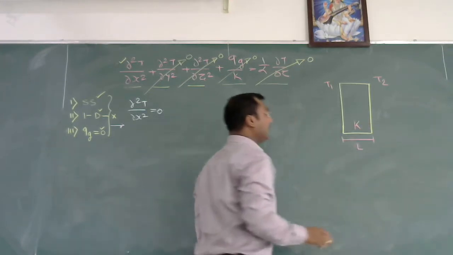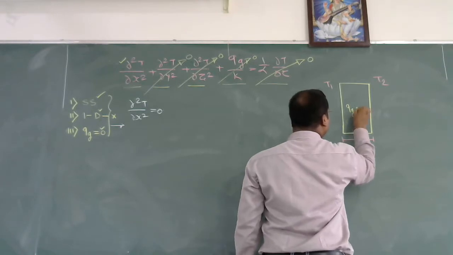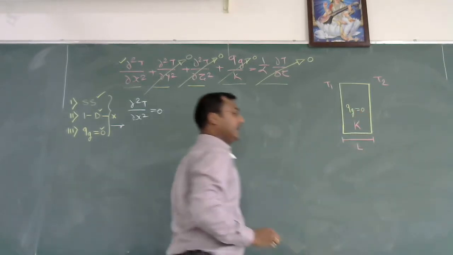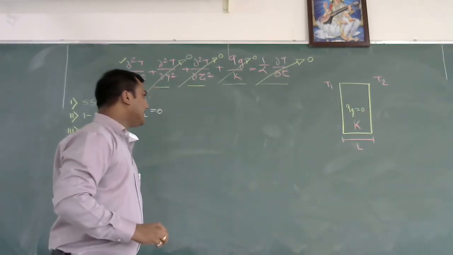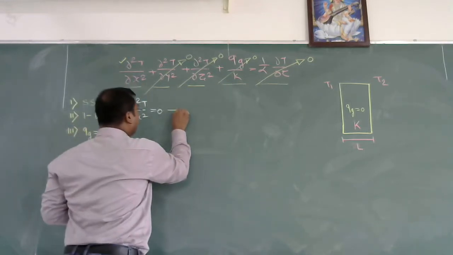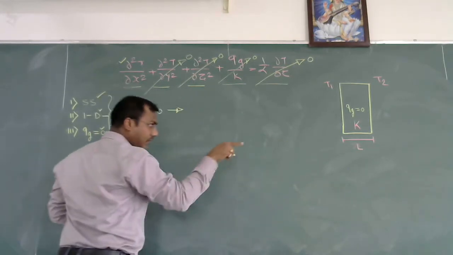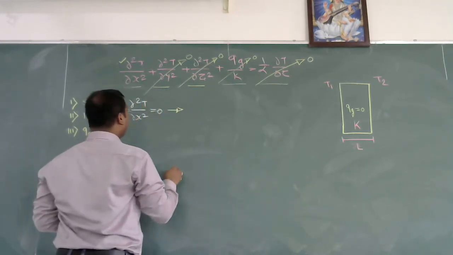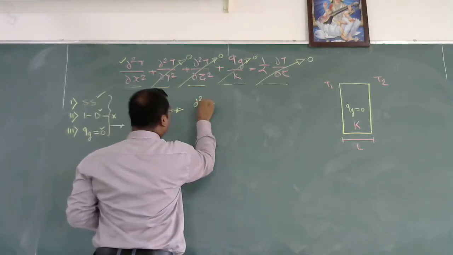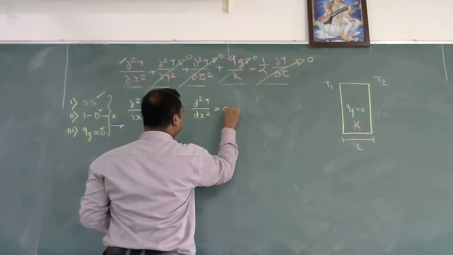K is the thermal conductivity of the material and there is no internal heat generation inside the material. If I consider this for steady state analysis, the temperature dependency is only according to the thickness, which means it is one dimensional again. So I can write d2T by dx squared is equal to 0.